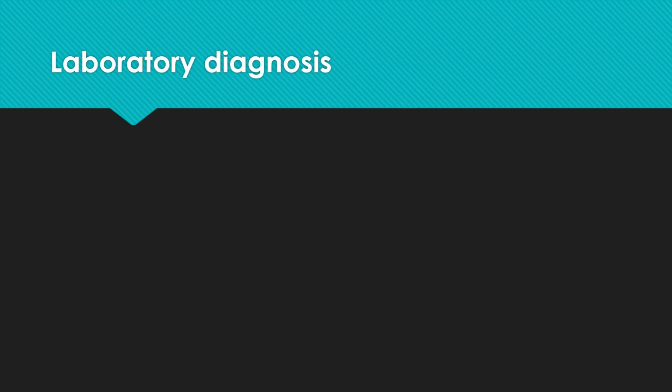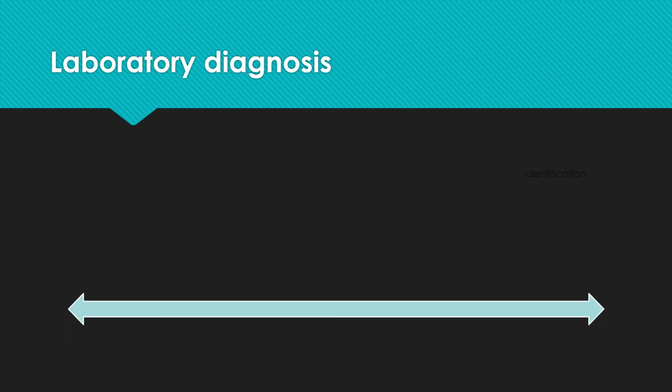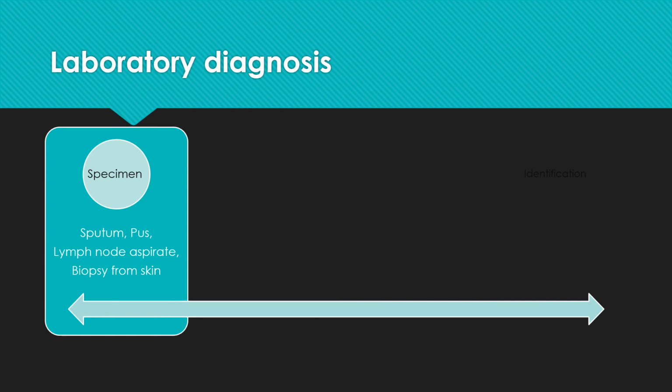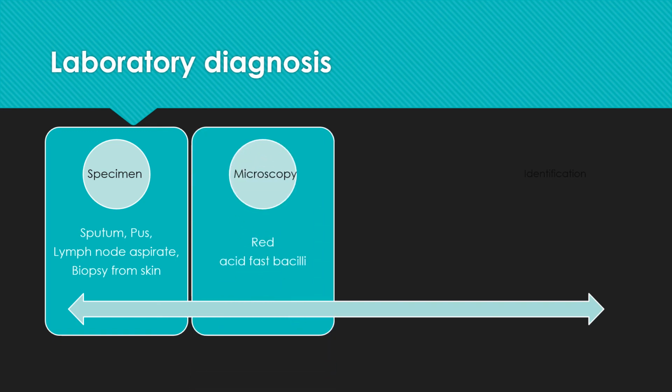Then at last, the laboratory diagnosis. First, the specimen collection. The specimen can be collected depending on the type of infection. So there is sputum, pus, lymph node aspirate, biopsy, etc. Then we will do the microscopy.